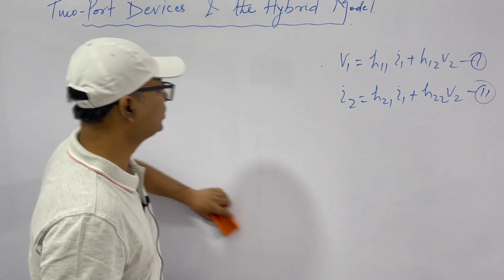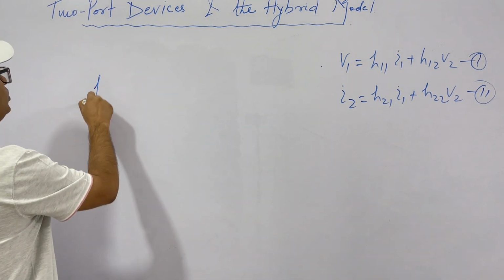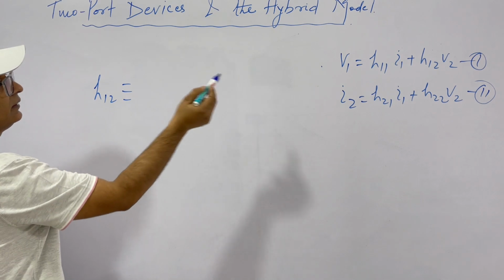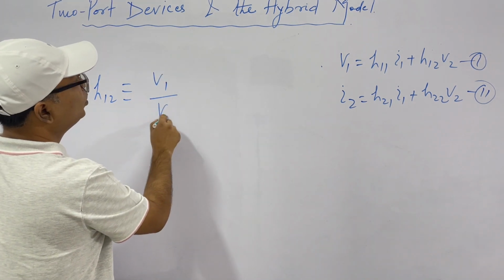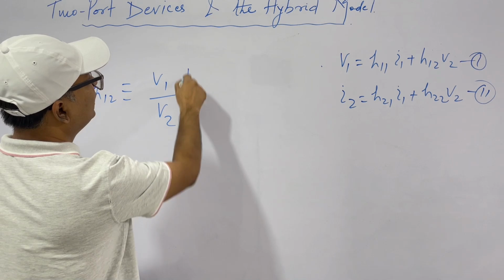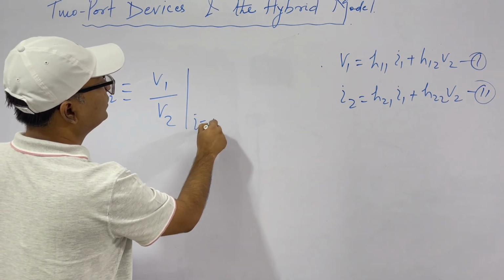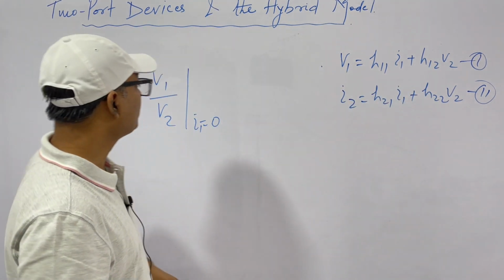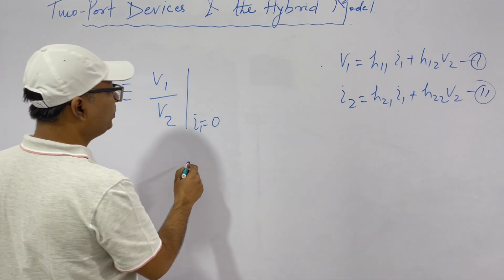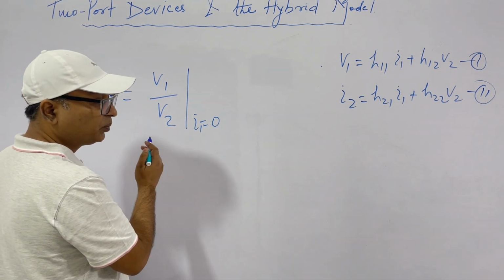H12. What is H12? H12 is defined as V1 by V2, given I1 is equal to 0. Clear? If I1 is 0, this is V1 by V2. I1 equal to 0 means open circuit, that is, the input is open circuit.